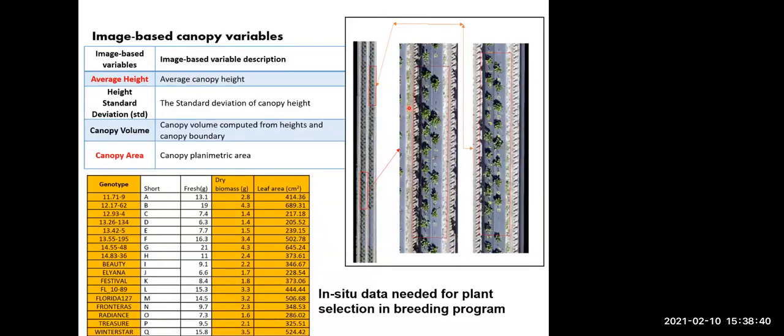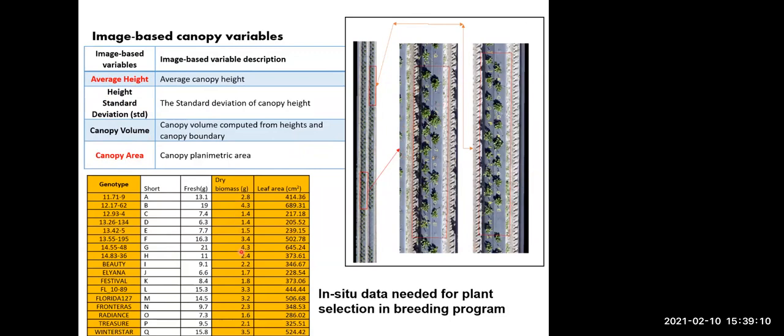So what we produced out of these images, well, for each plant, we wanted to capture information like the average height of the plant, the height standard deviation of the plant, canopy volume, and canopy area. So we can extract this information from the data processed. After processing the images captured by the platform, at the same time, in situ measurements were taken.